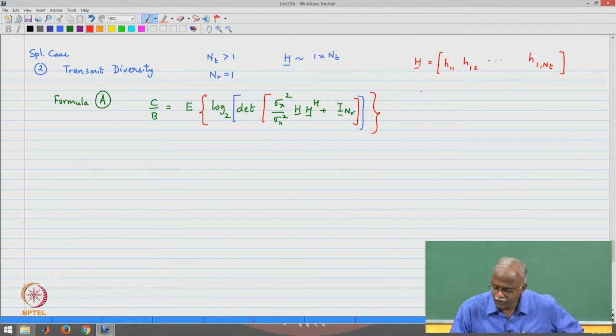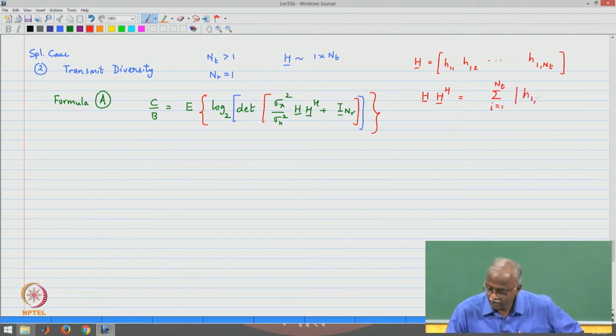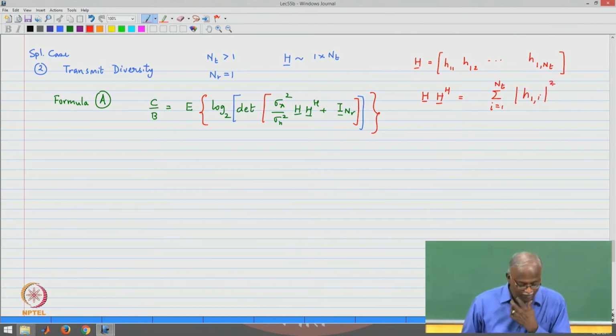And if we now do H Hermitian, this comes out to be equal to summation I equal to 1 through NT mod H1 comma I mod squared. So, H Hermitian takes the following form.